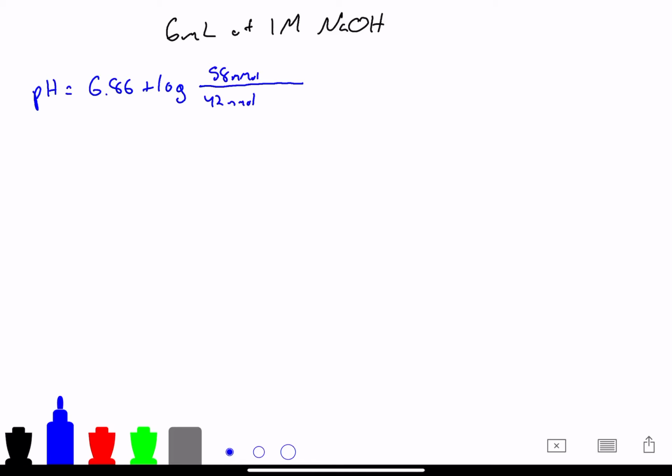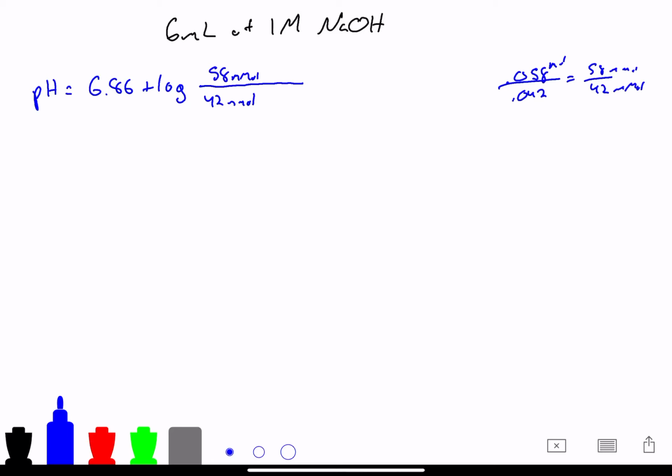Now, on the previous page, we actually had the number of moles. So it was 0.058 over 0.042. Now, because we're taking the log of a ratio, 0.058 divided by 0.042 is equal to 58 divided by 42. So it's okay to simplify by just writing 58 and 42, whether this is a unit of millimole or a unit of mole, because it's going to be the same.